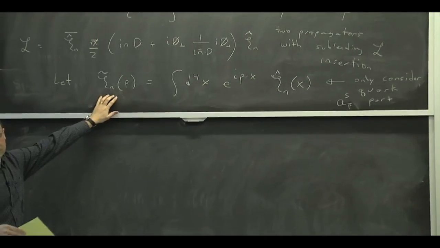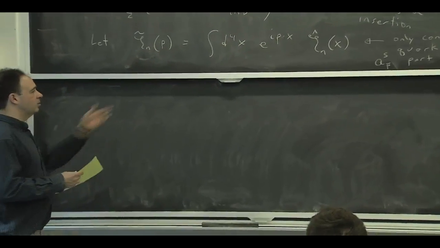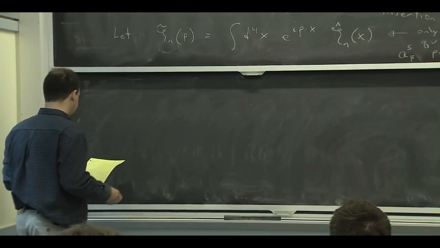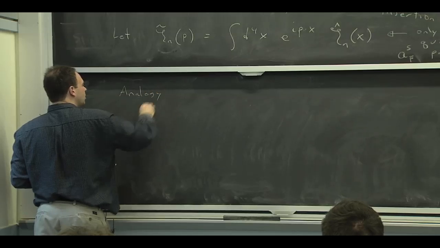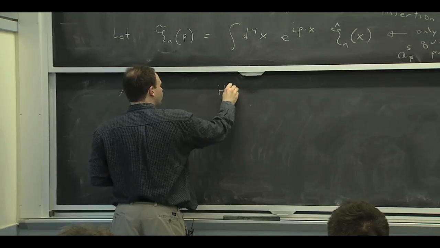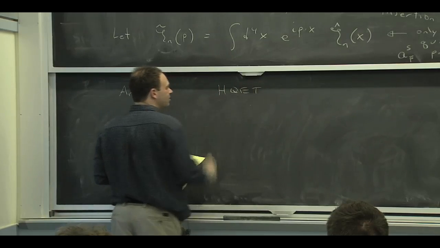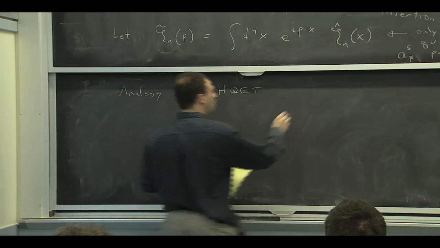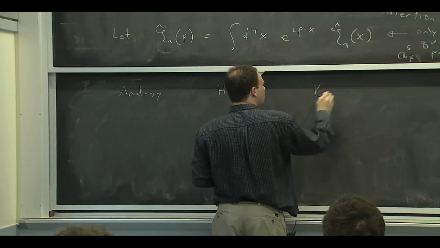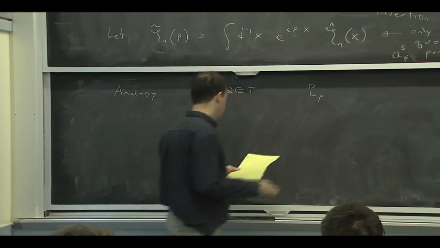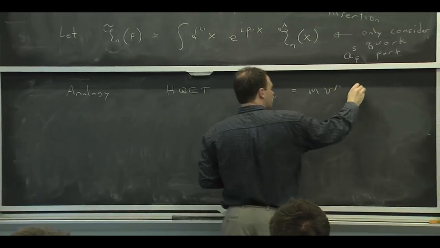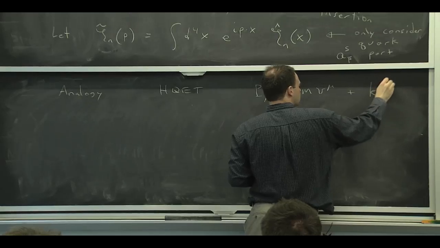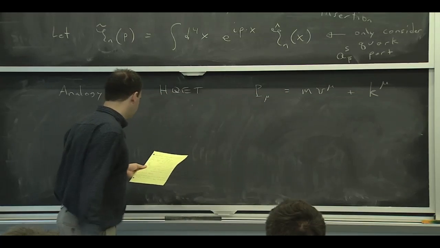Okay, so let's think about how we can do an expansion that would correspond to this multipole expansion. And the analogy that I'm going to exploit here, although it's not perfect, is the expansion that we did in HQET. So in HQET, we said we had a full momentum for the B quark, and we split it into a piece which was kind of the big piece, and then we had a piece that was the small piece.